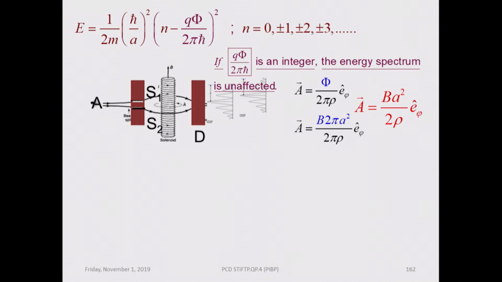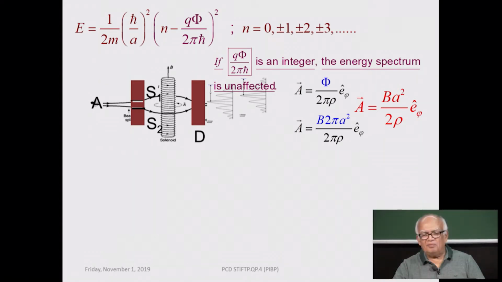Notice that the spectrum's degeneracy is lifted by the flux, but if the value of the flux is such that q phi over 2 pi h cross is exactly an integer, then you recover the original spectrum. You will have essentially the same spectrum as without the flux.